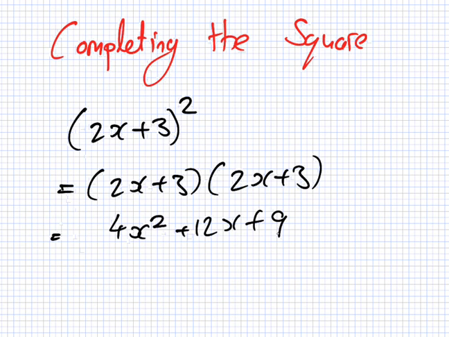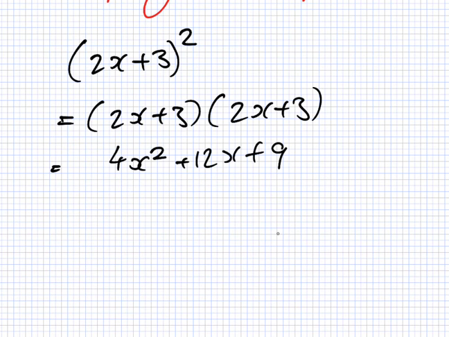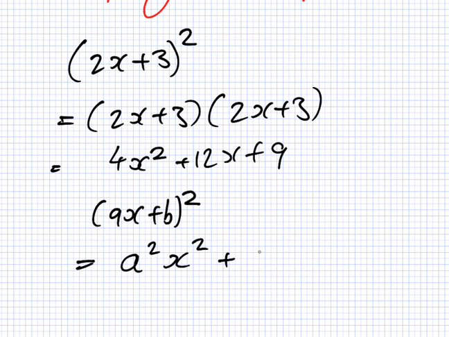Yeah. Now, these problems are common in maths, so often you might want to learn the quick way to expand. So if you have (ax plus b) squared, this becomes a squared x squared plus 2abx plus b squared.